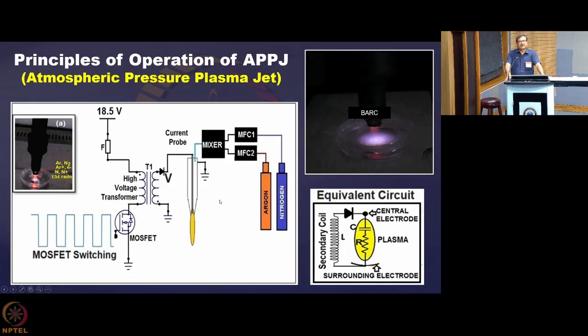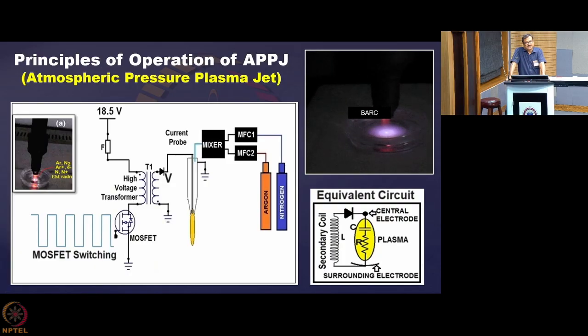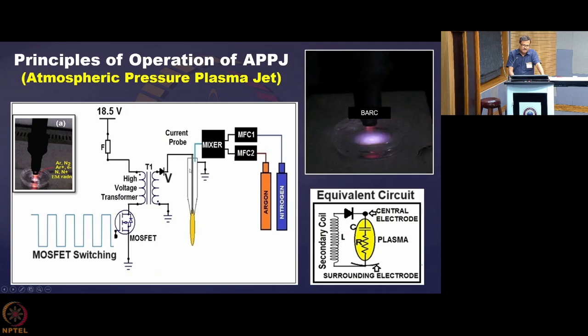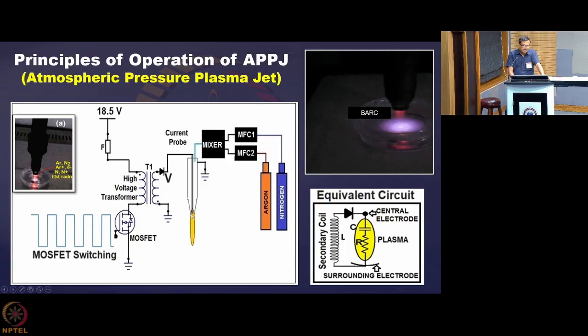Now, our past chapter on breakdown, which we have read, is so useful. Now you can understand that there is a gap which may be broken because of the application of the very high voltage. And where is the gap? At the top, the difference is a bit large, but as you come down near the nozzle section, you see that the gap is very small because of this converging configuration.